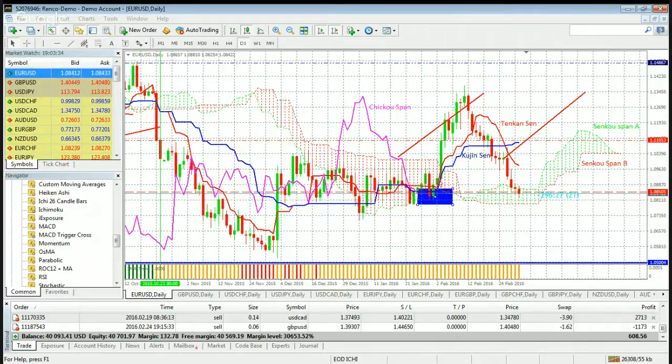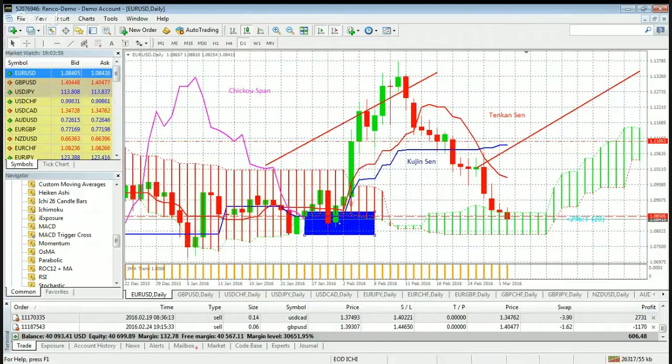Okay, firstly, bullish or bearish? What are we looking at here? Should I zoom in slightly? There we go.